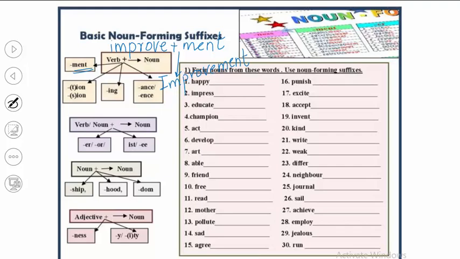Improvement is a noun. So these are the things. Likewise, a verb or noun with -er or -or, sometimes -ist, so we can change it into a noun. For example, teach plus -er, teacher.